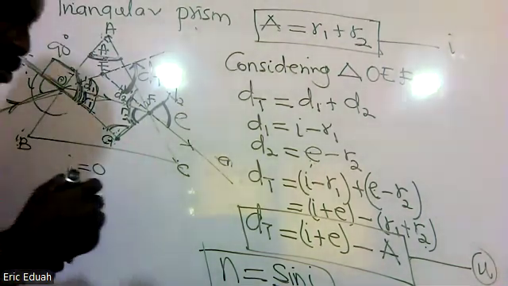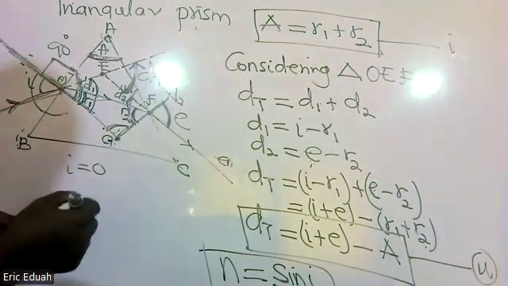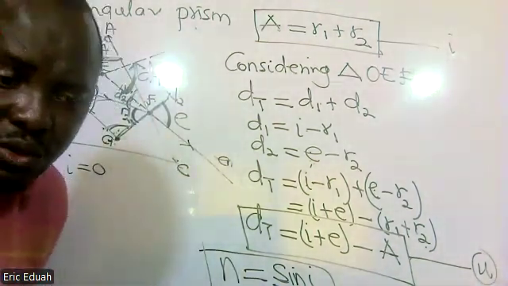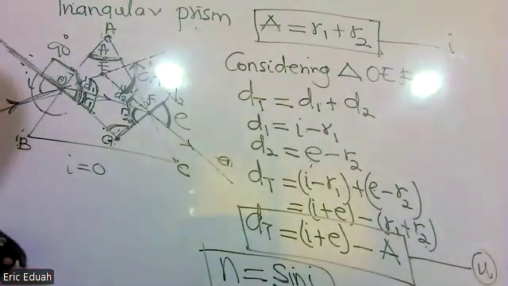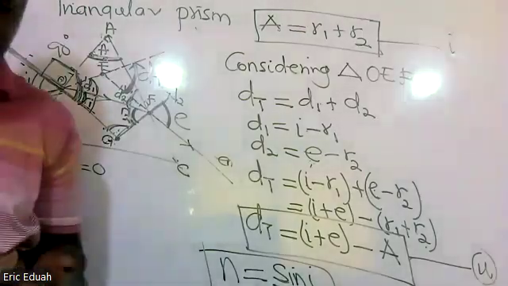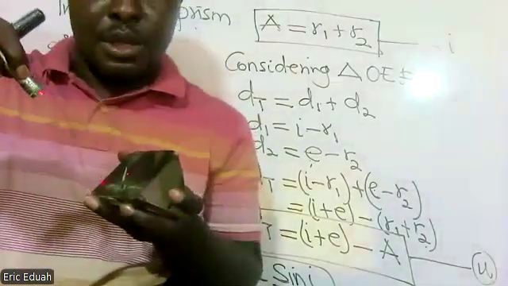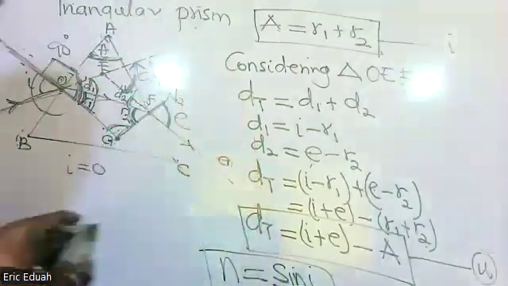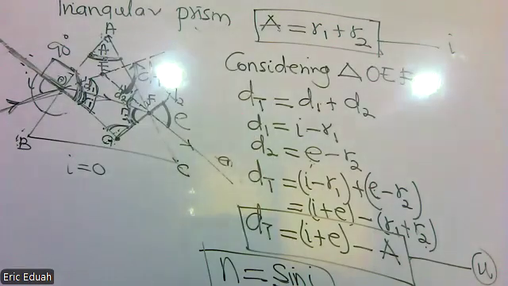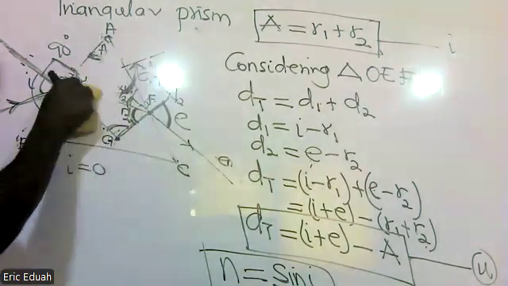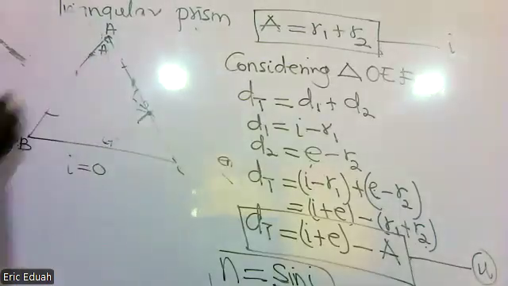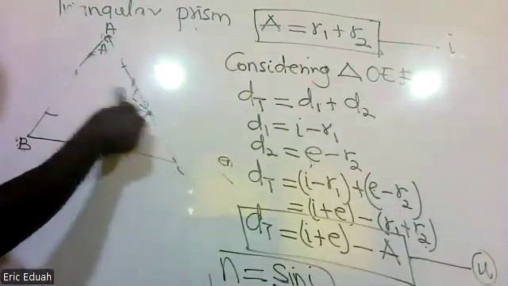If I is 0, look at what will happen to the total deviation. I earlier was telling you that when light hits a transparent medium and the incident light is perpendicular, what will happen is that the light will not, let me clear the diagram and redraw it well for this illustration.